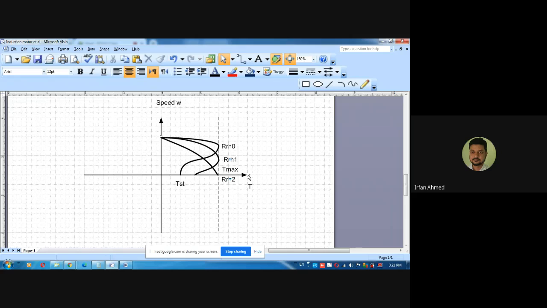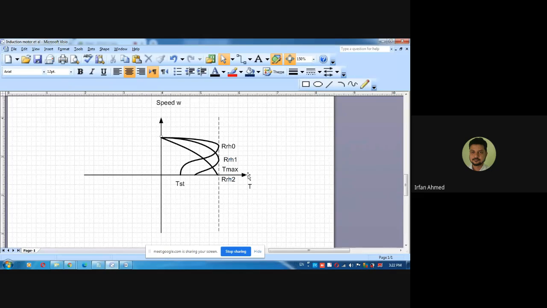Now you must have studied that in an induction motor, the copper loss is directly proportional to the slip, correct? Yes, sir. So for high efficiency of the motor, your induction motor speed must always be as close as possible to the synchronous speed.